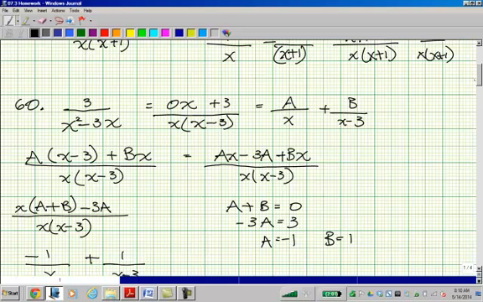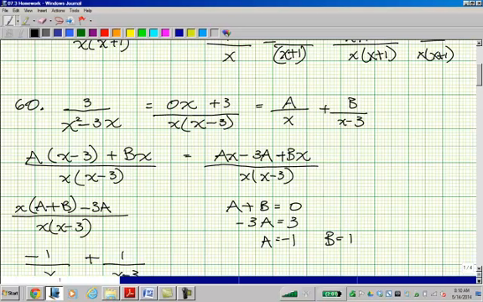We're then going to take these two distinct fractions and join them together by cross-multiplying the denominators. We eliminate parentheses, combine like terms, and factor, and we end up back here at x times a plus b minus 3a over x times x minus 3.